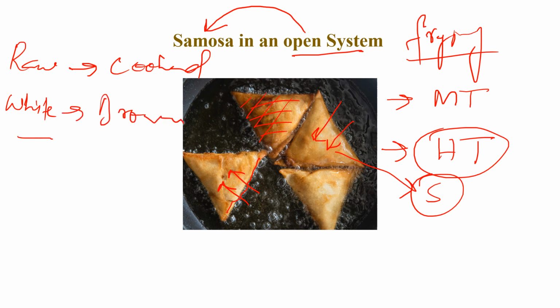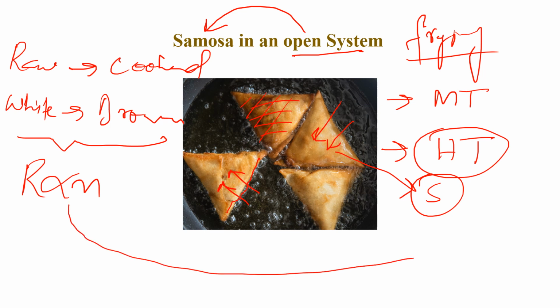And all these things occur because of some chemical reactions. And these chemical reactions occur only because of these energy interactions, mass transfer and heat transfer, right? So this is the best example of an open system.